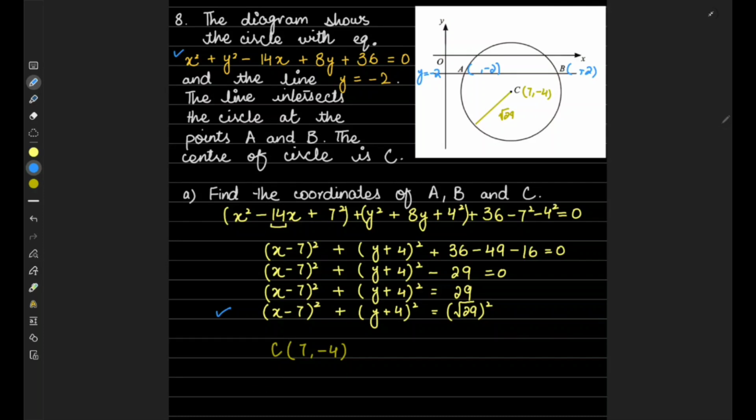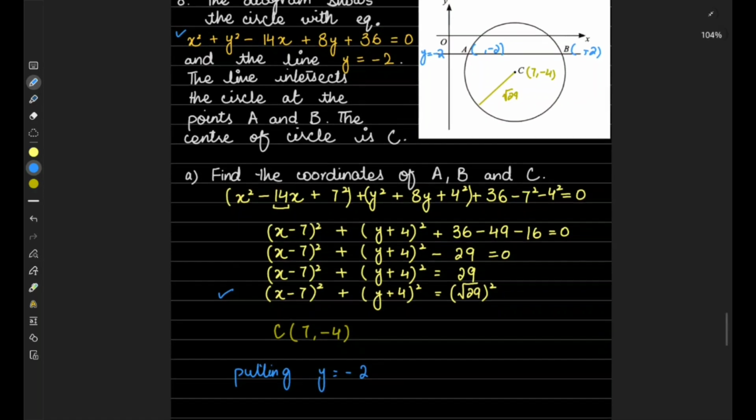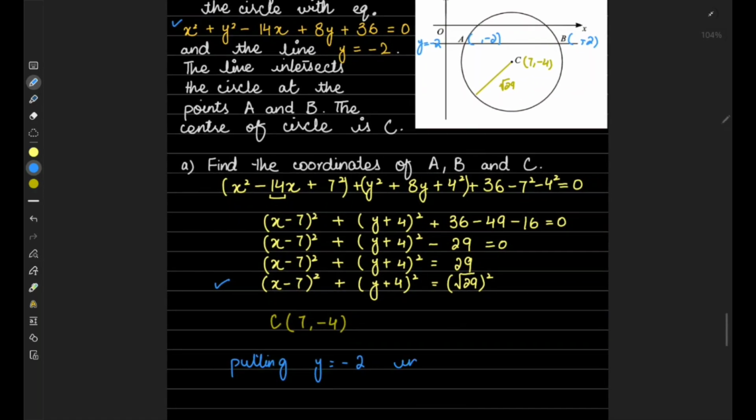So I'm substituting y equals minus 2 in the original one: x square plus y square minus 14x plus 8y plus 36 equals 0.